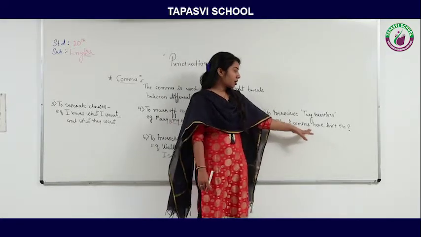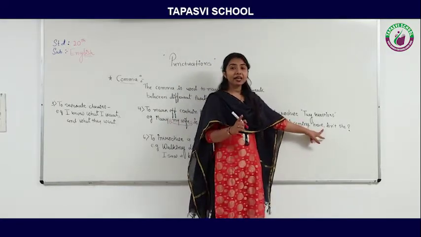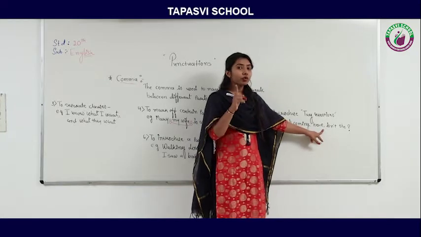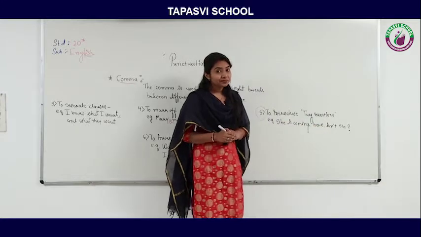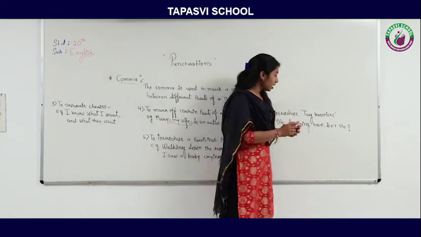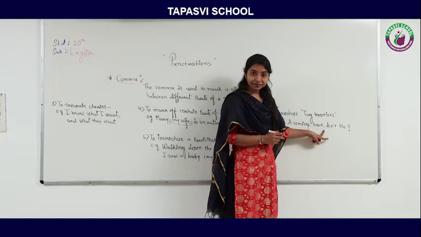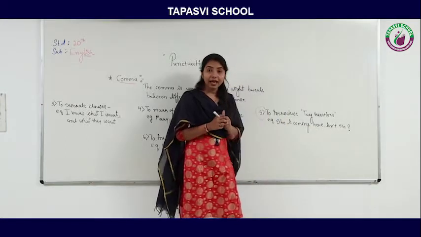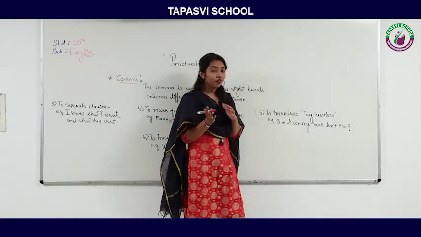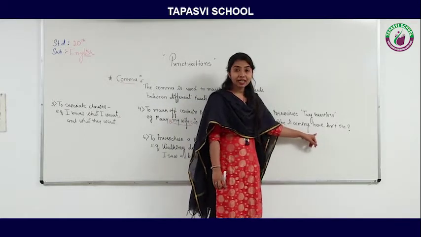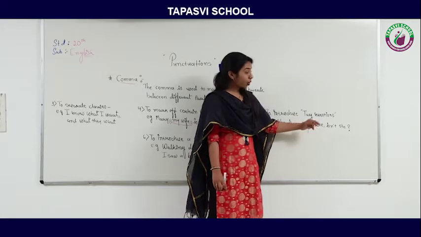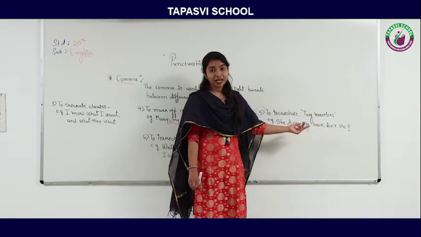She is coming here. Here again and again I am telling you, be careful, very careful. Here we don't have to put a full stop. What will come here? A comma will come, right? And as I told you earlier about the rules of question tags, the sentence is positive, so the question tag will be negative.